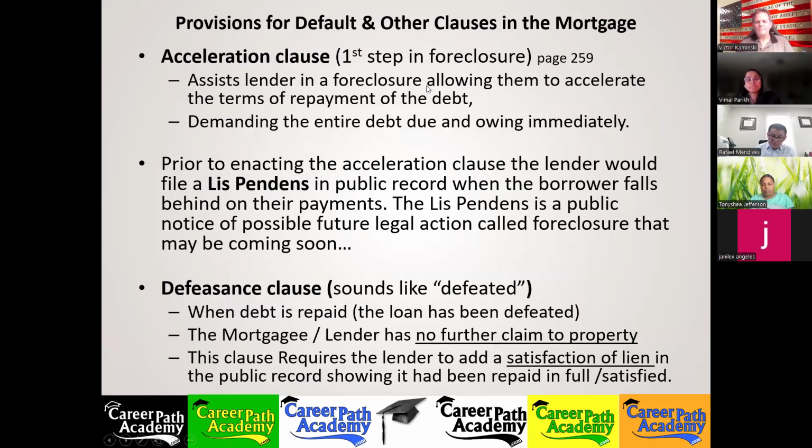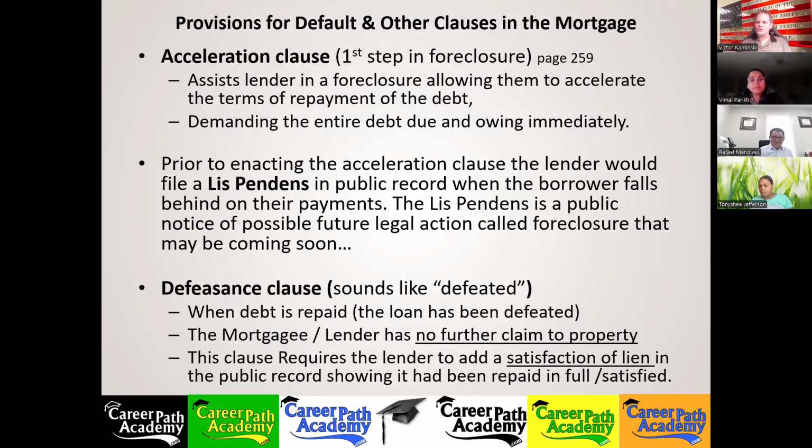Okay. But they don't remove liens from public records. Once any document is added to the public records, it's there forever. So when you defeated the loan and you paid it off, the defeasance clause requires the lender to go back and add another document to the public record called a satisfaction of mortgage lien, or a satisfaction of lien.